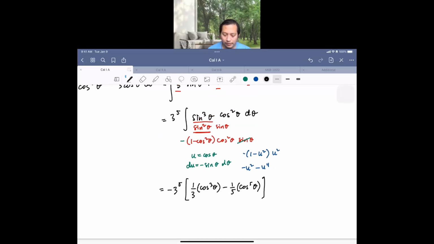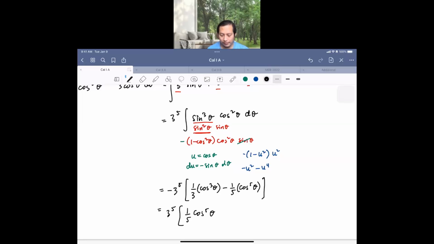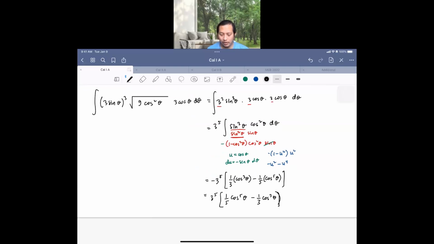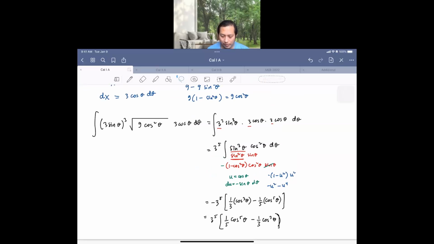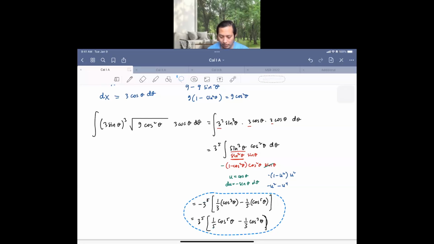Still, let's exchange this and make it more positive. So I exchange the negative part and rewrite it into positive, so it becomes this. And it's still not complete yet.